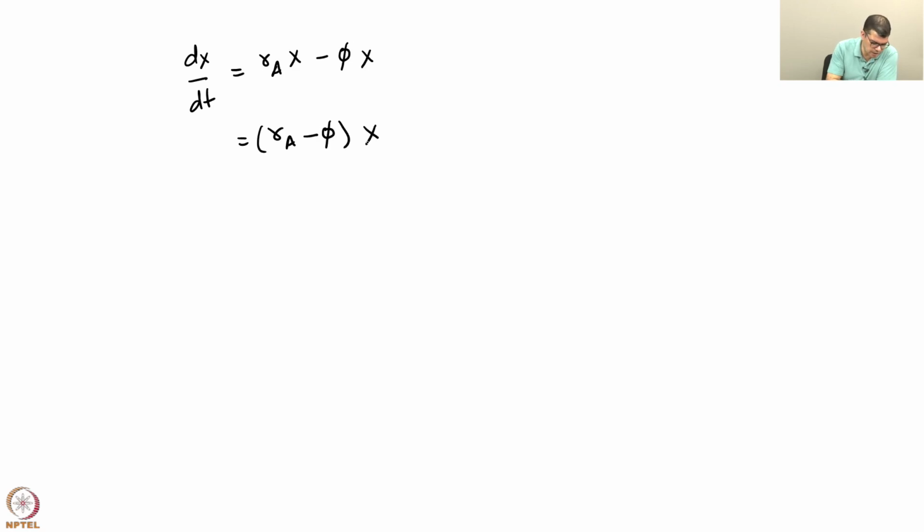And if I look at this a little closer, what I should note is that x is the fraction of individuals which are A type. Since this is a fraction of individuals, this is always going to be greater than 0. On the other hand, in this bracket we have RA minus phi. Phi, remember, is mean fitness.